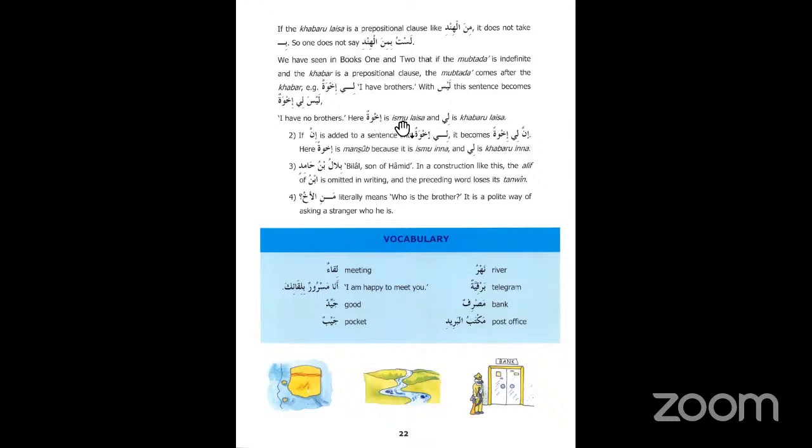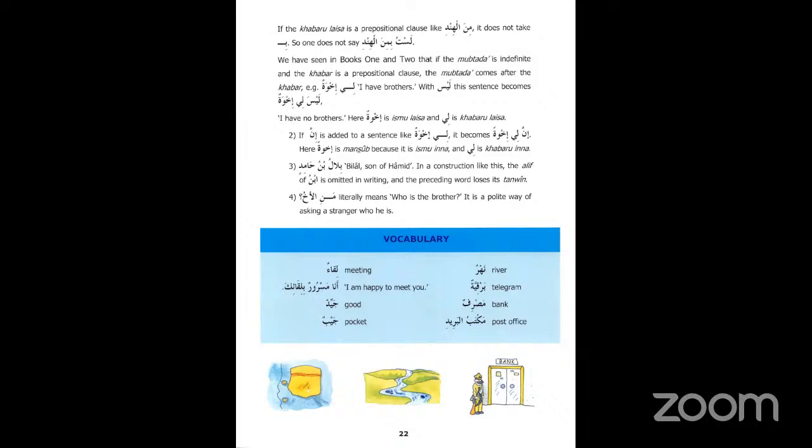Ikhwatun is ismu laysa and li is khabaru laysa. If inna is added to a sentence like li ikhwatun, it becomes inna li ikhwatan. Here ikhwatan is mansub because it is ismu inna and li is khabaru inna.